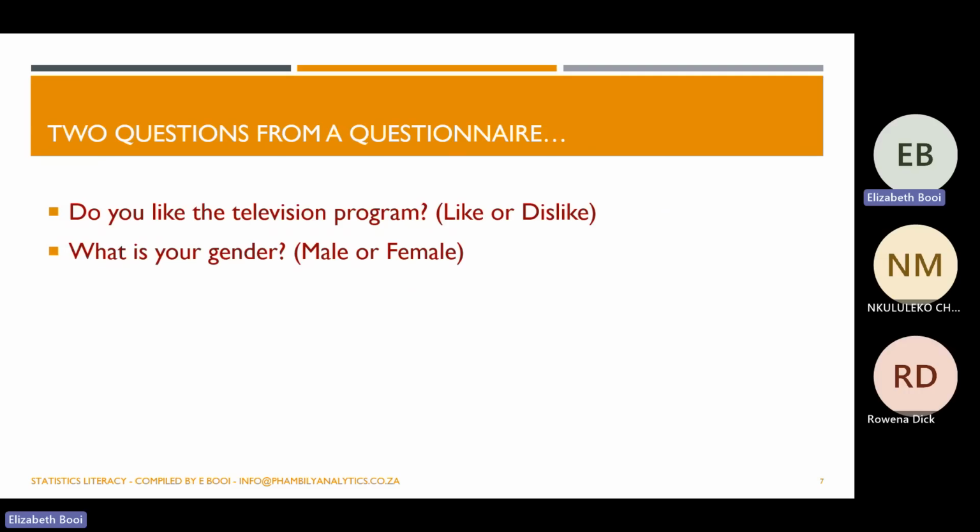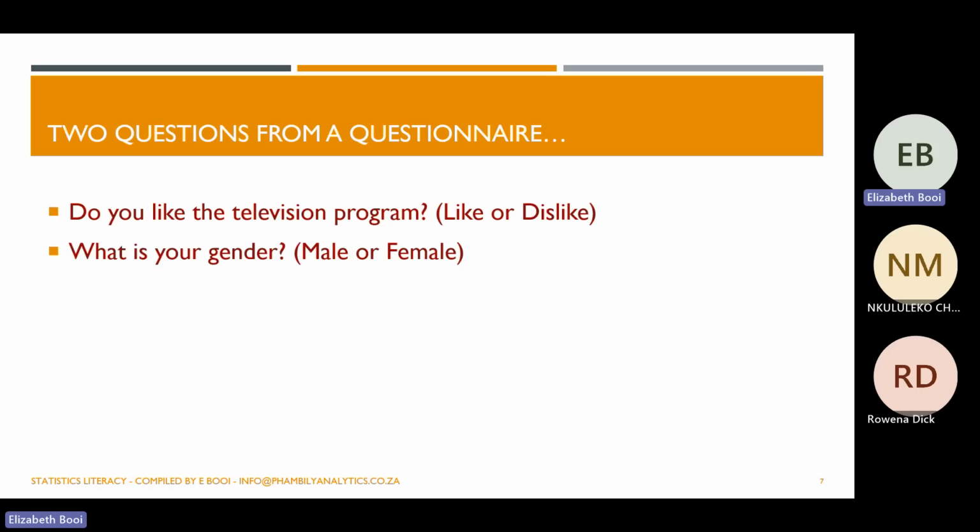So maybe this was one of the cinemas, and they wanted to find out, because there's a new release of a movie on TV, and they want to make sure that they could use it in their cinema. Or maybe this is DSTV that wants to know.